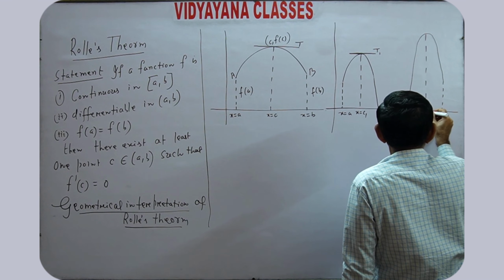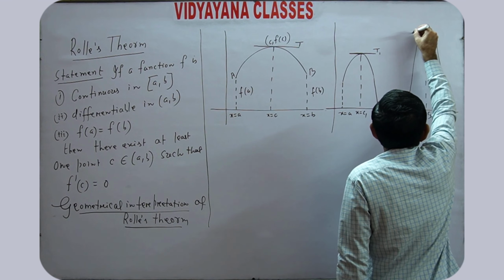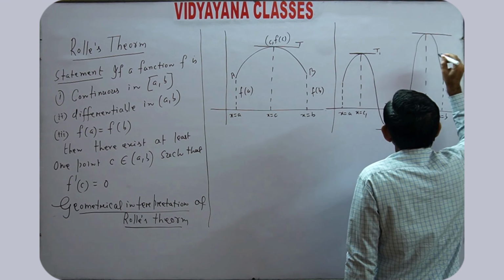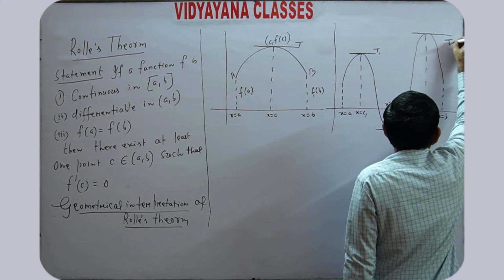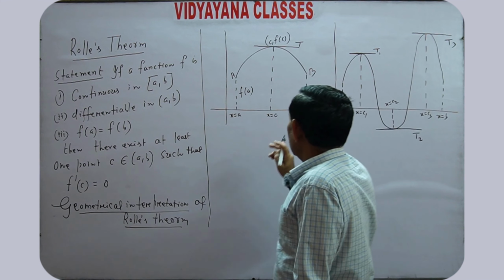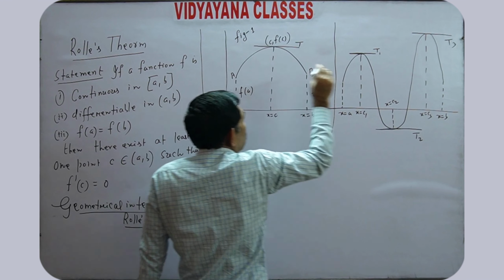X equal to c3, the tangent is parallel to x-axis. Tangent 1, tangent 2 and tangent 3. In figure 1 and figure 2.